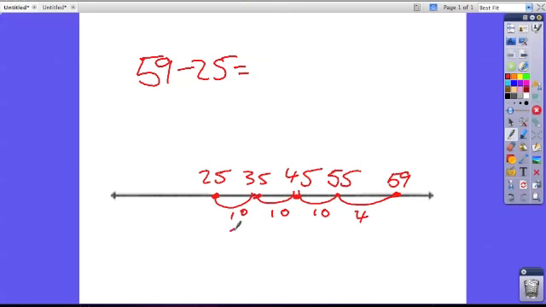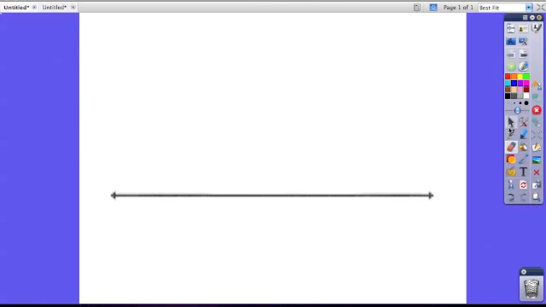Okay, so let me use a different color this time, blue. Let's say I've got a problem like 96 take away 68, and you have to think in terms of a number line.